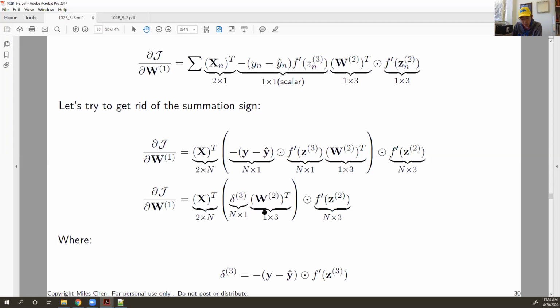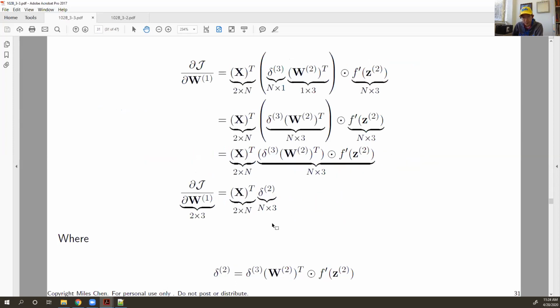When I multiply these two together, I get an n by 3 matrix here. And if I have an n by 3 matrix here, I can multiply that by this over here, which is also an n by 3. I can do element-wise multiplication.